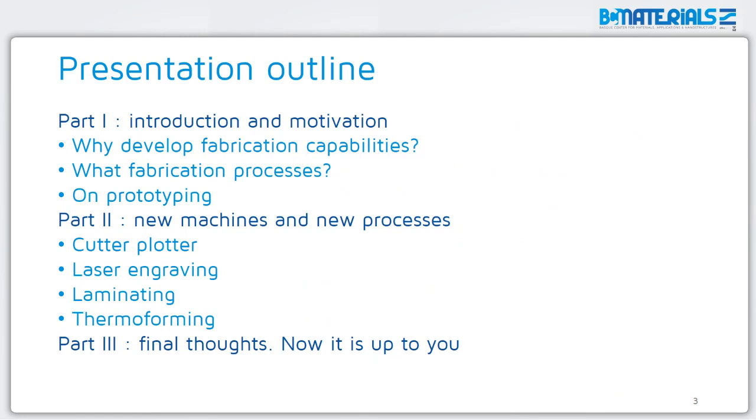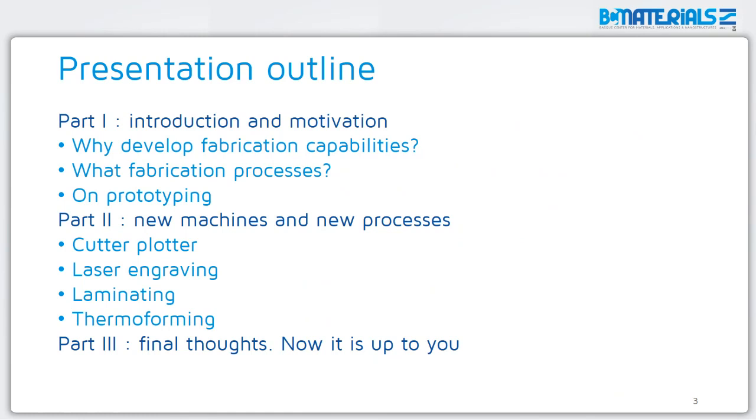I'll give you a rough idea about the approach that I normally follow to make new devices, which is based on prototyping techniques. And then I will tell you about the new machines, the things that you can do with them, how these machines work, and what you need to take into account. And finally, it's just up to you to decide how you can make use of these machines to improve or to further your work.